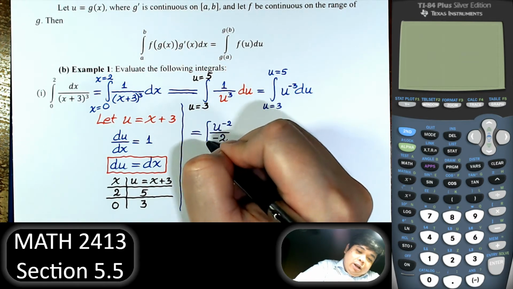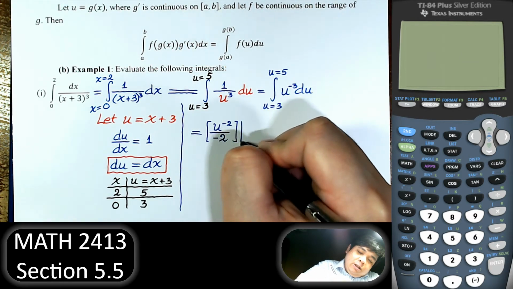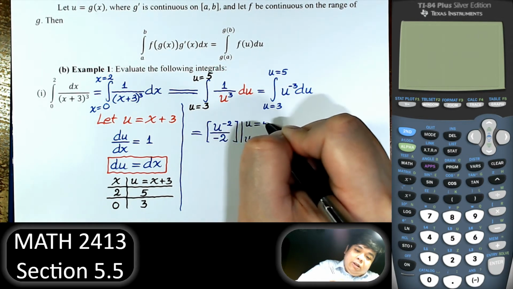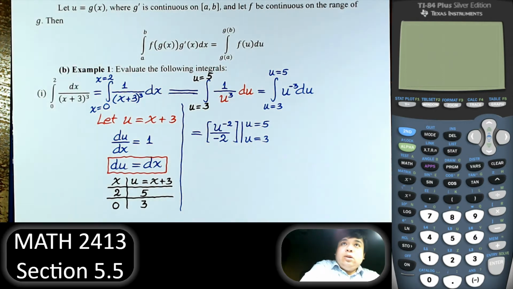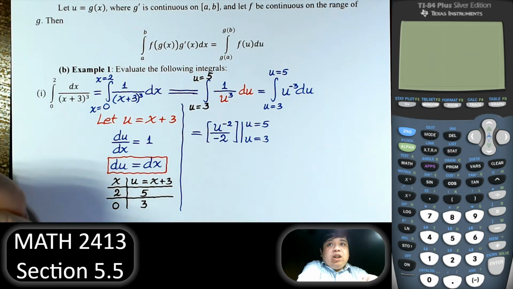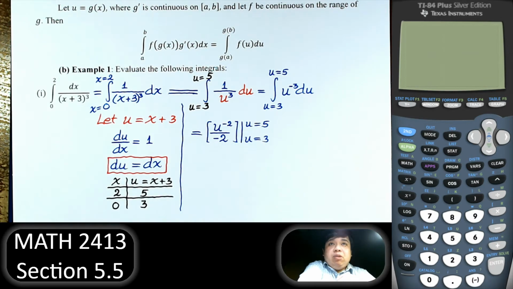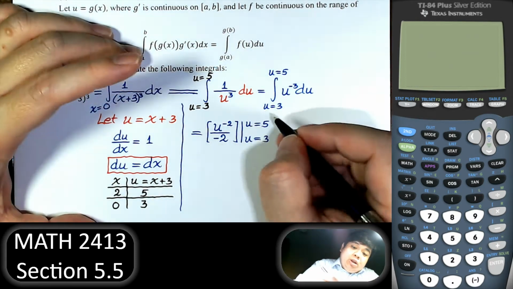We will evaluate this from u equal to 3 to u equal to 5. Right. We do not need to go back in terms of x because we have the limit in terms of u already. We're just going to substitute in the numbers. I recommend doing it this way.